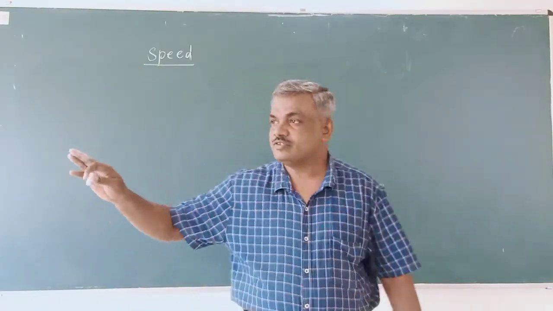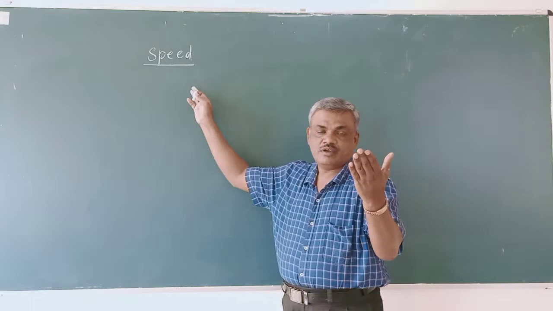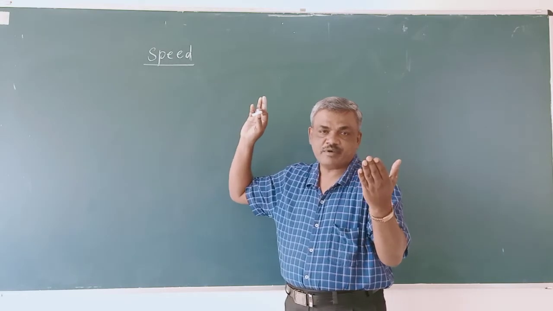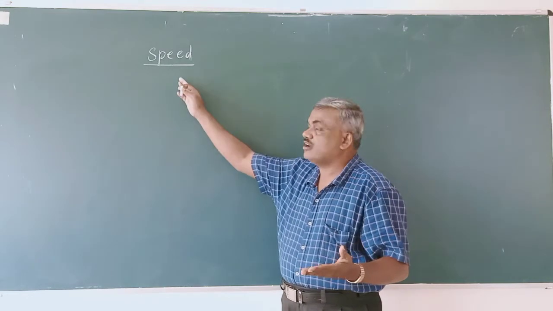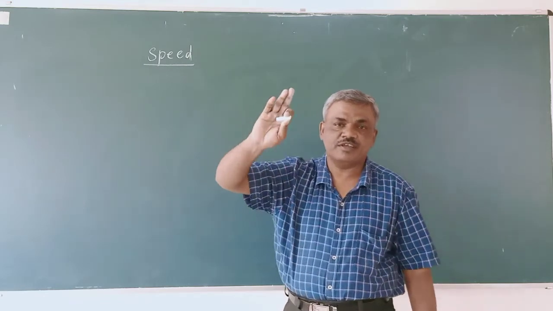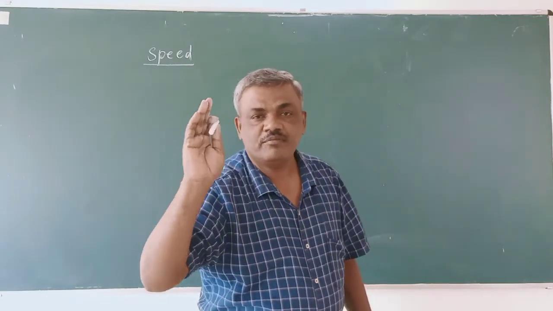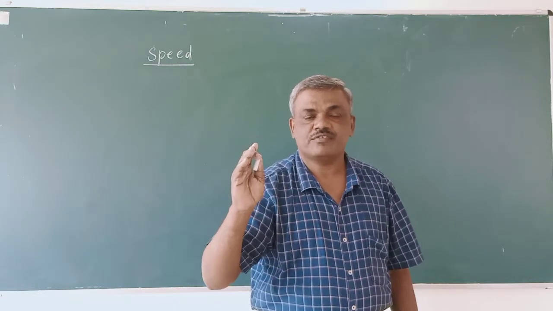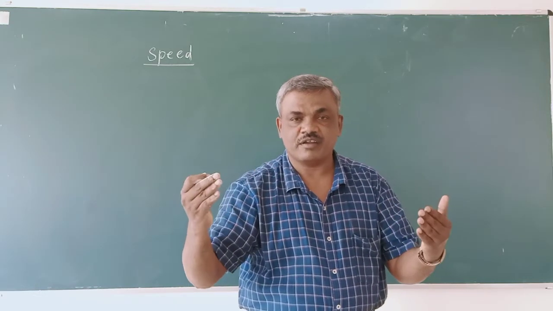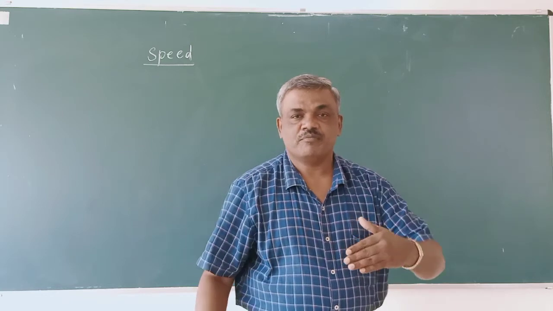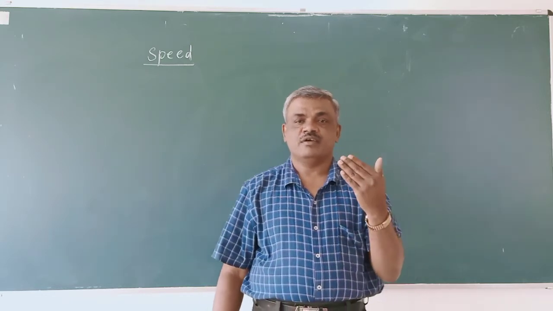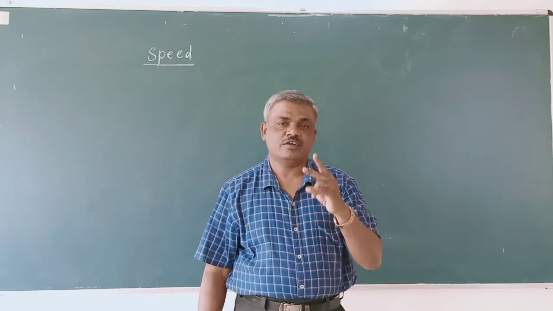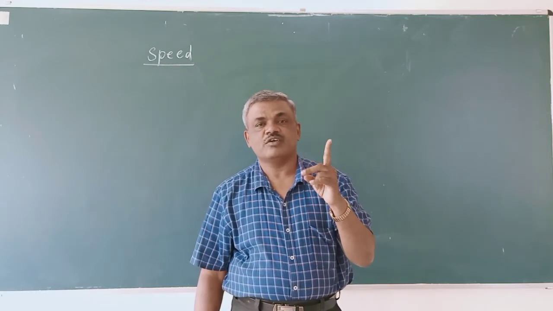Friends, now speed. First one was distance travelled, second was displacement. Now speed. What is the meaning of speed? The time rate of covering a distance by an object is called speed. For example, two vehicles are moving on the road.